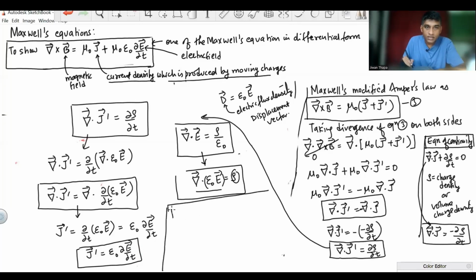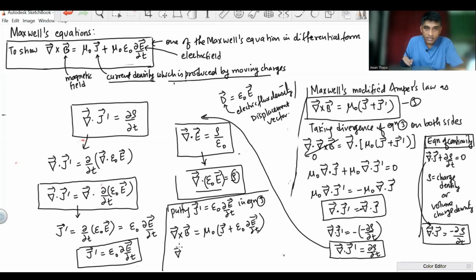Let me write in this way. Putting J dash equals epsilon naught del E by del t in equation 3, we get curl of magnetic field equals mu naught times current density J plus current density J dash, and J dash is epsilon naught del E by del t.